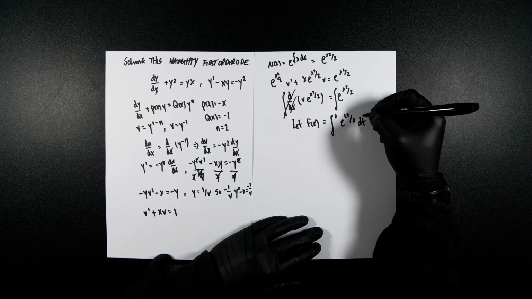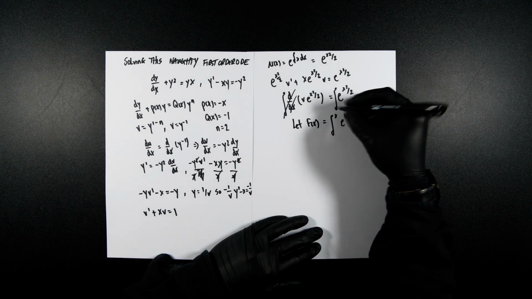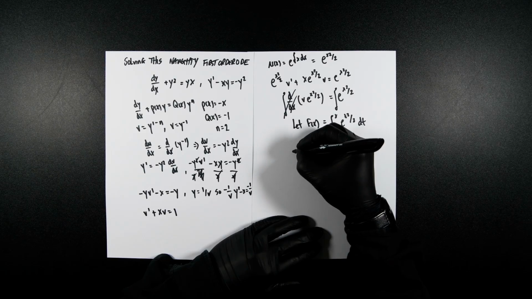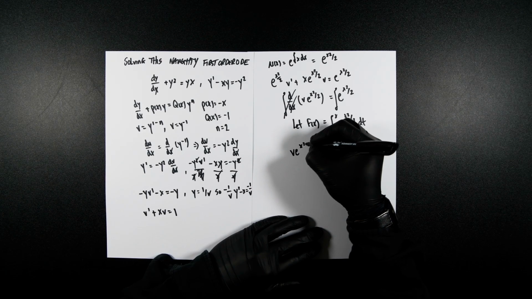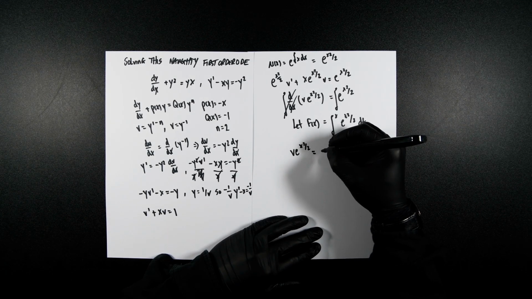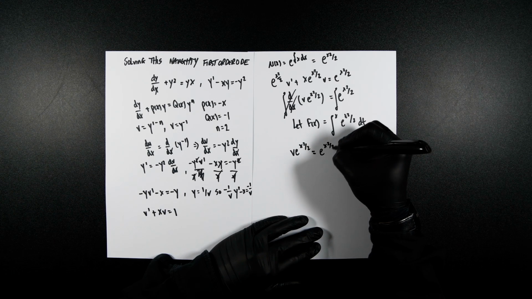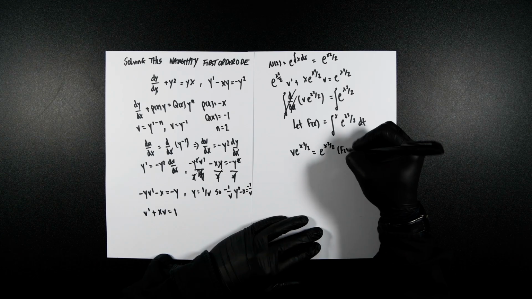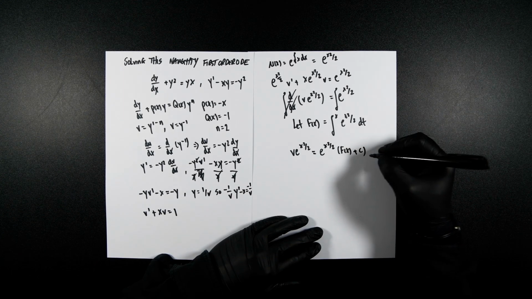So therefore, this integrated would be v e to the x squared over 2, which is e to the x squared over 2 f(x) plus c.